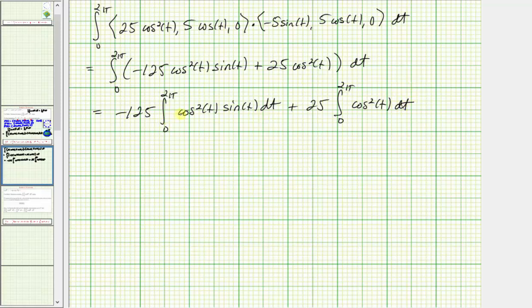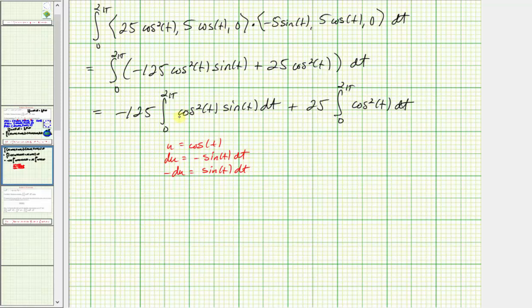So here we'll have to perform u substitution to integrate, and here we'll have to use a trig identity, or a power-reducing formula, to integrate cosine squared t. So for this integral, let's let u be equal to cosine t, and therefore differential u is equal to negative sine t dt, which means negative du is equal to sine t dt.